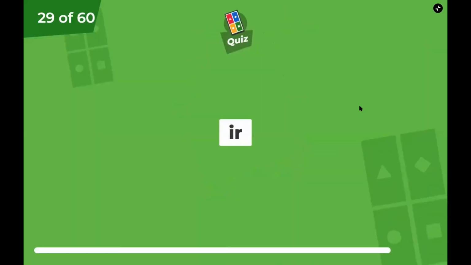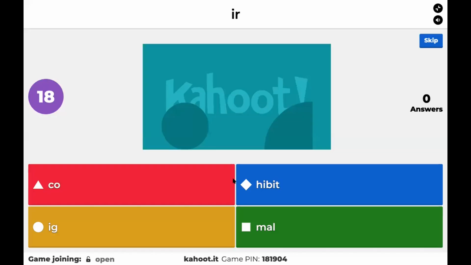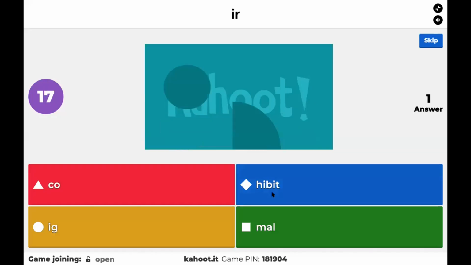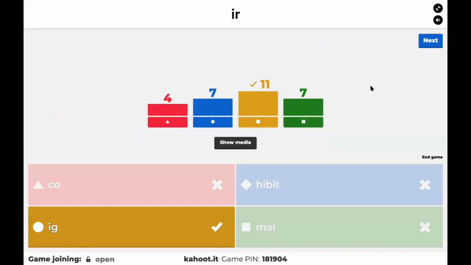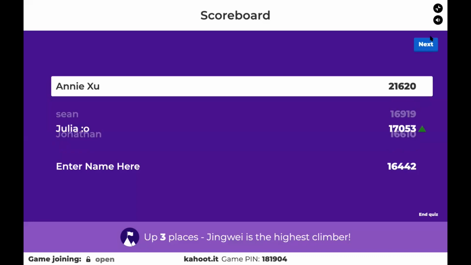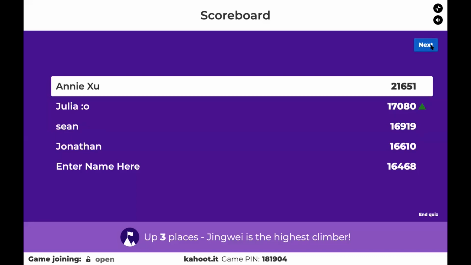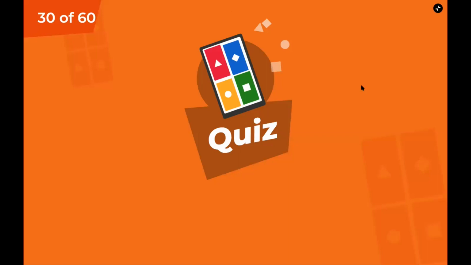Ear. IR. Red is co, blue is ibid, green is mal, yellow is ig. EU.